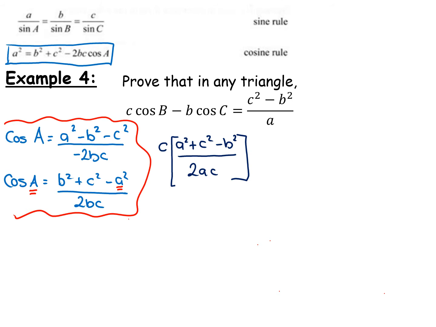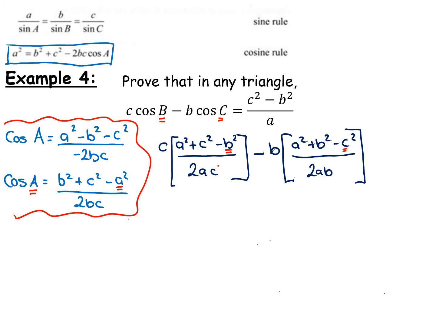So remember, B is here, so we're talking about our B being here. Minus B. Now cos C is going to be A squared plus B squared minus C squared all over 2AB. And again, there's my C and my C, and I want to tidy this up.